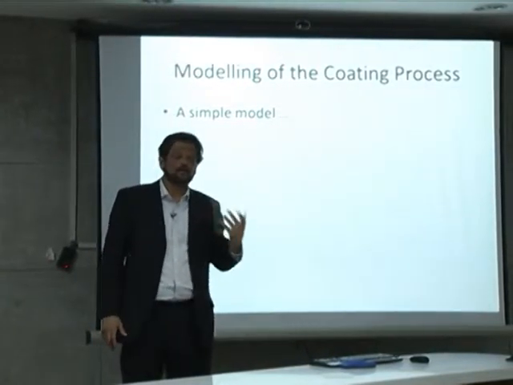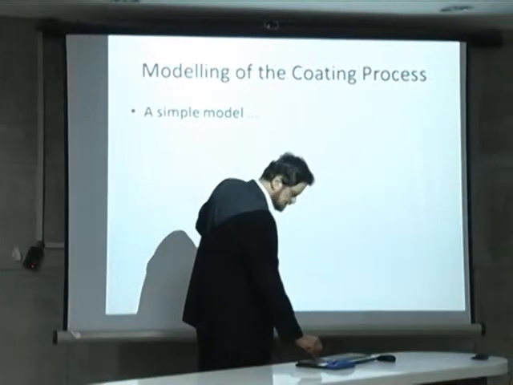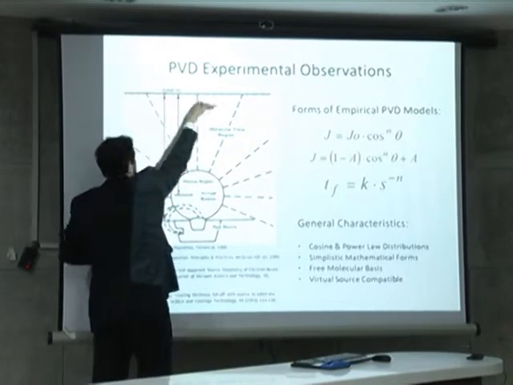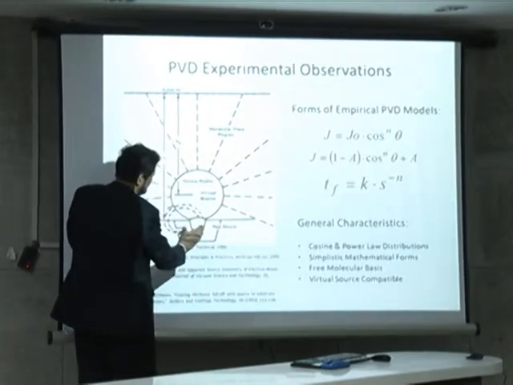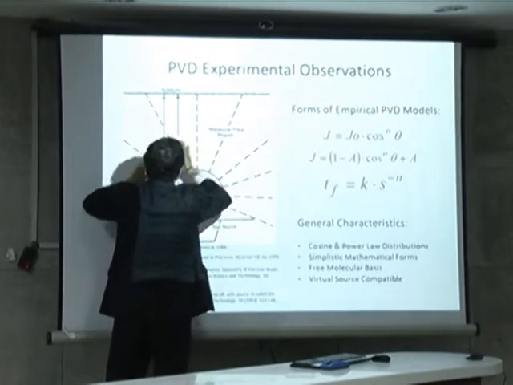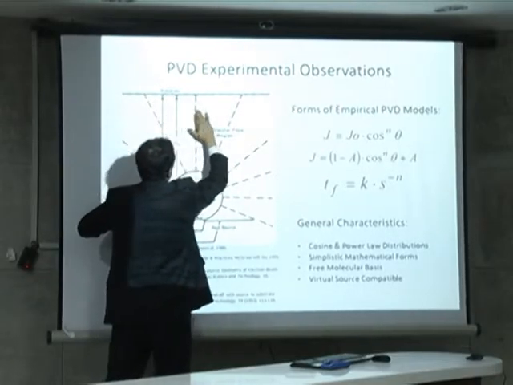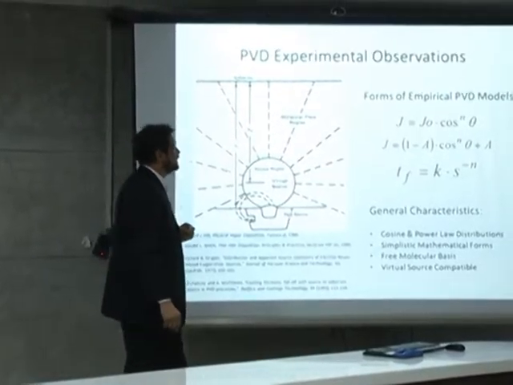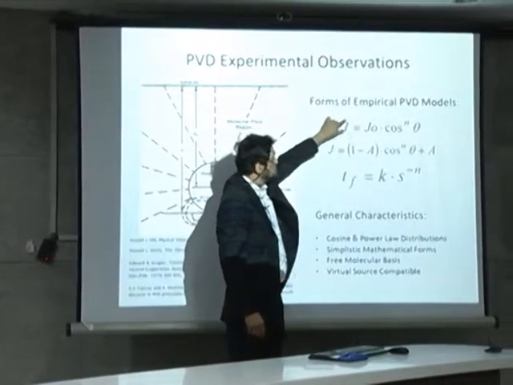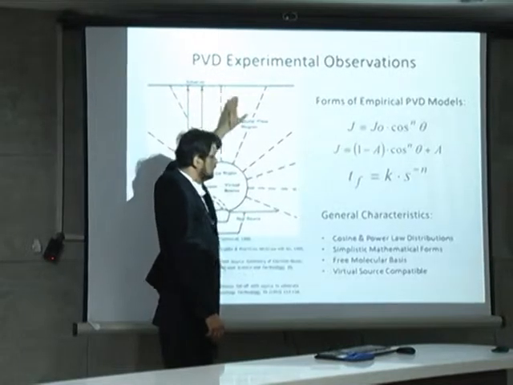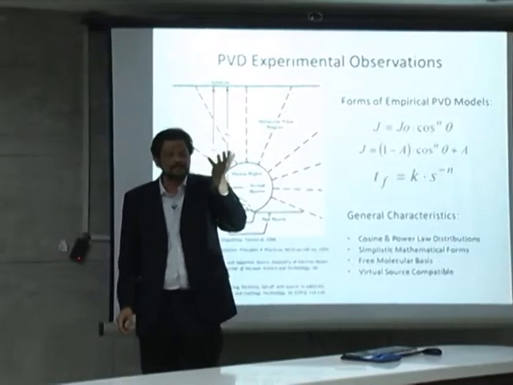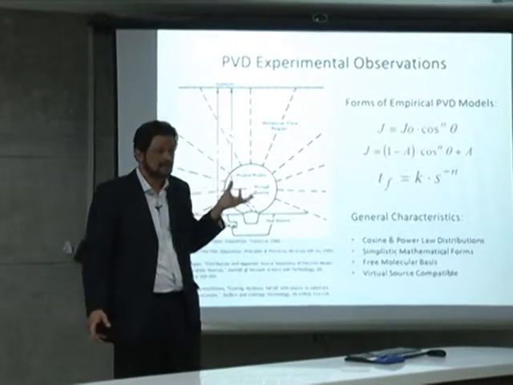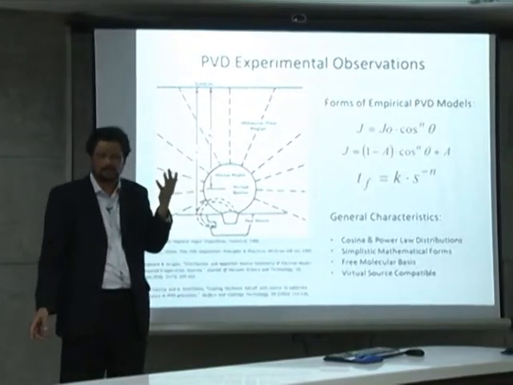So how do you do the mathematical model there? A simple model looks like this. This is the plate, and this is where it is coming from, and it goes on depositing here. It is thick here and thin here on both sides. In a simple model, you can say that the amount of deposition J that takes place here, in grams per centimeter square per second, per unit time, per minute, per hour, whatever.